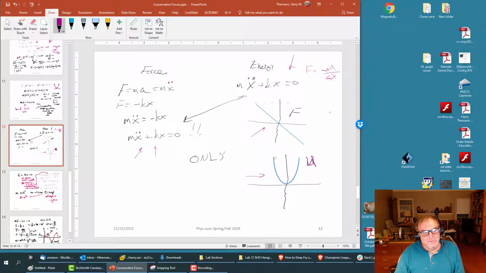Now, for the purpose of a lab, like a 2100 or 1100 lab, we don't need all that background. We can just say, look, a spring has a force like this, and because of this negative sign, if I set the two equal and then I bring it over, I end up with a positive sign like this.